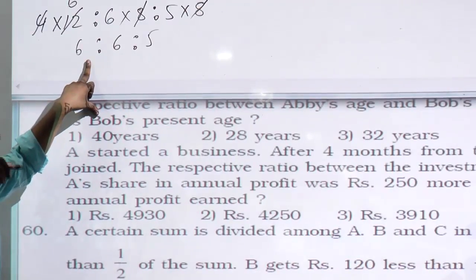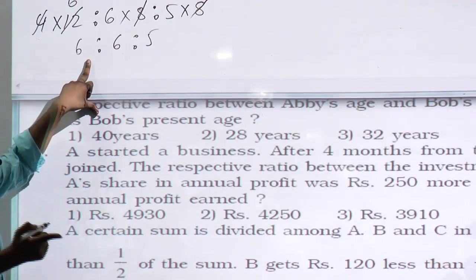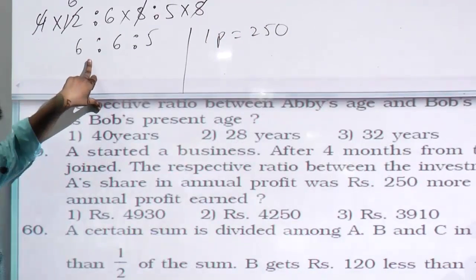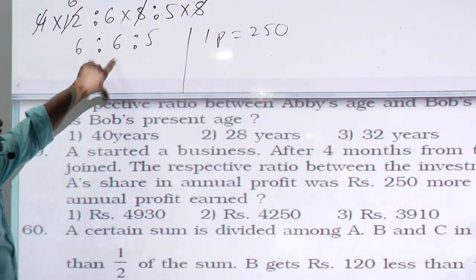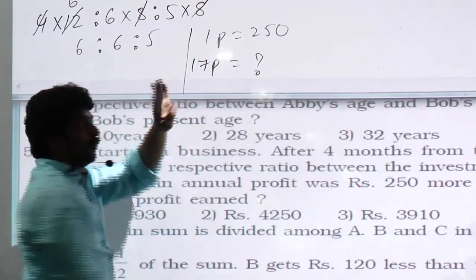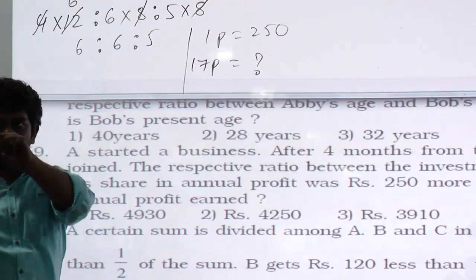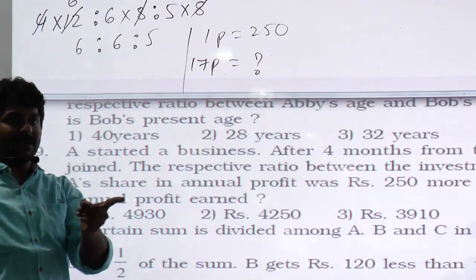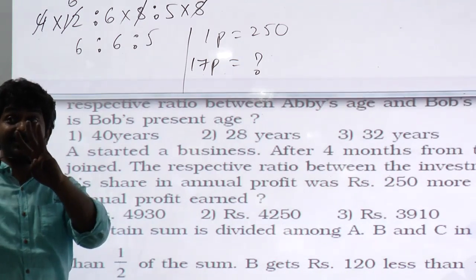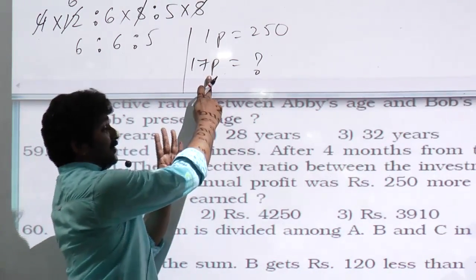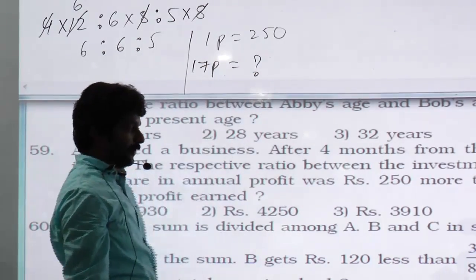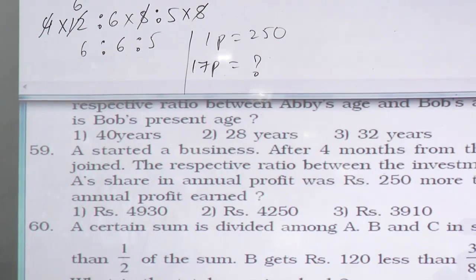A gets 1 part more than C, which is 250, and he asked about the total number of parts. 6 plus 6 plus 5, 17 parts. 17 parts is equal to how much? 4 250s will give you 1000. 8 250s, 2000. 12 250s, 3000. 16 250s, 4000. But you still have one more part, right? So 4250.